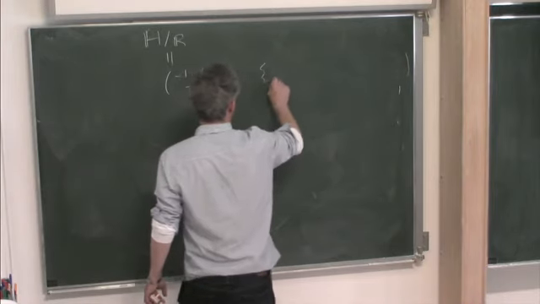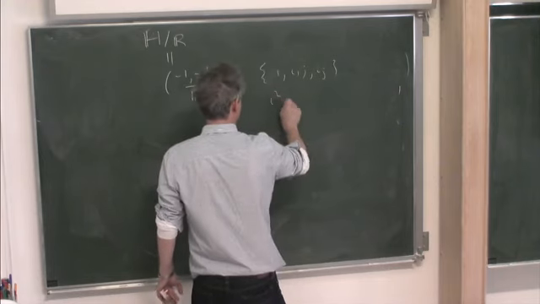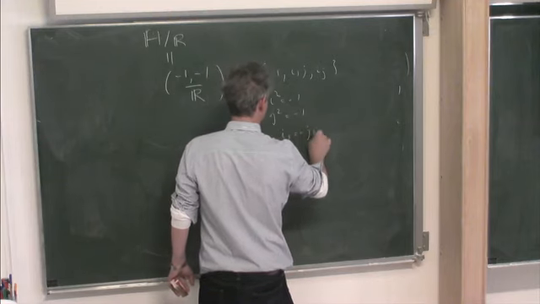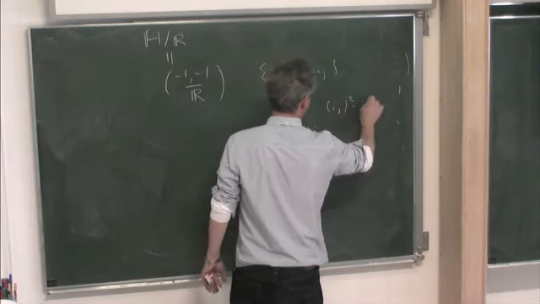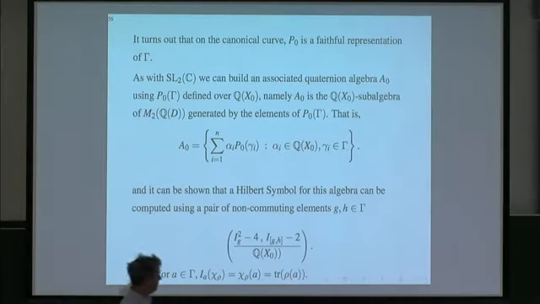This is meant to say that we have a basis 1, i, j, and ij, where i squared is -1, j squared is -1, i and j anti-commute, and ij squared is -1. A Hilbert symbol more generally says i squared is some function, j squared is some function, and i and j anti-commute. So these are functions on the curve that allow us to describe a quaternion algebra over the function field associated to the canonical component.